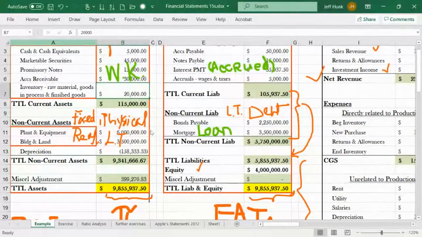The critical point about an asset is it must generate income. If it doesn't generate income, it has zero value as an asset.